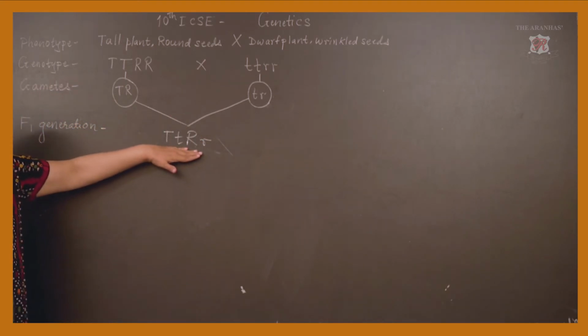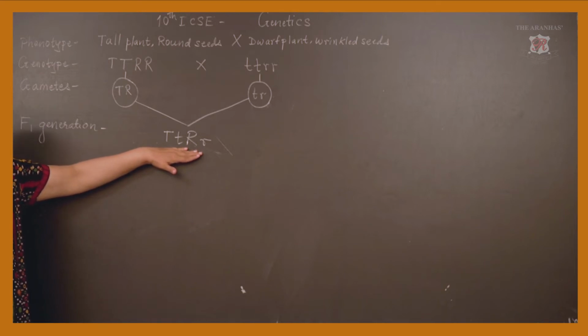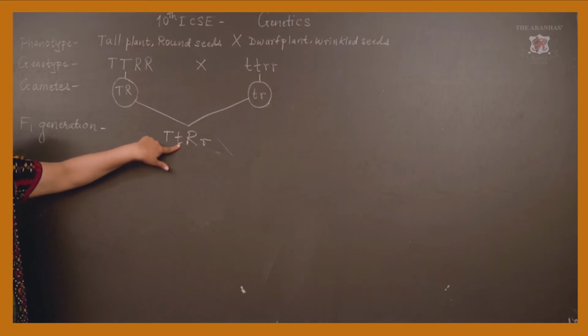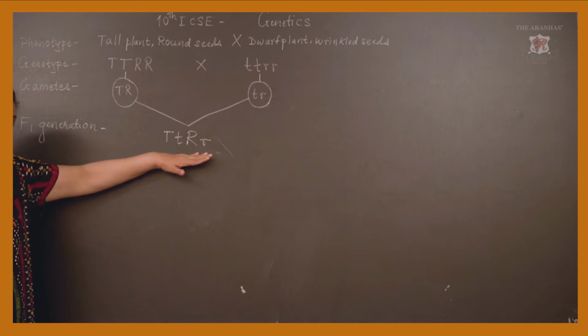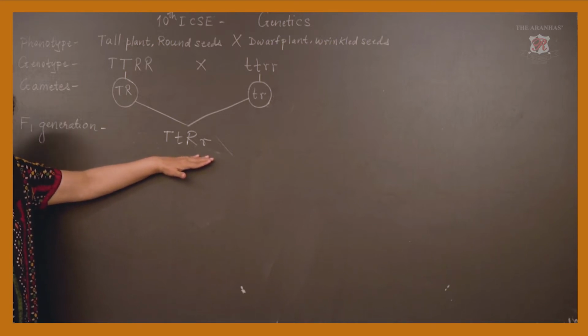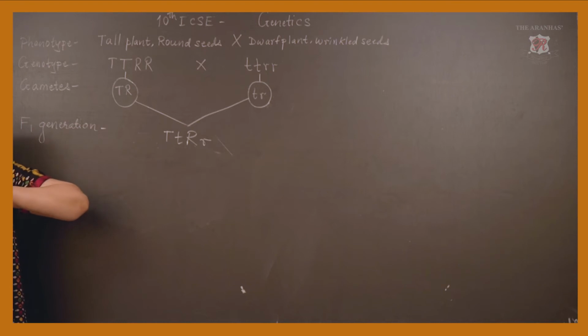Now for you this is much easier to understand. Okay. So in F1 generation, what you should do is, any one character you finish writing first. So what I have done here, for the height character I have written capital T and small t first, and then for seed shape I have written R. Now follow this method to write F1 generation, it will be easier for you.